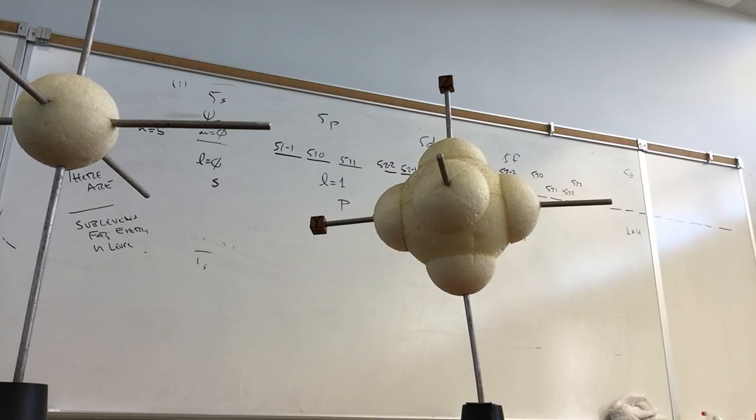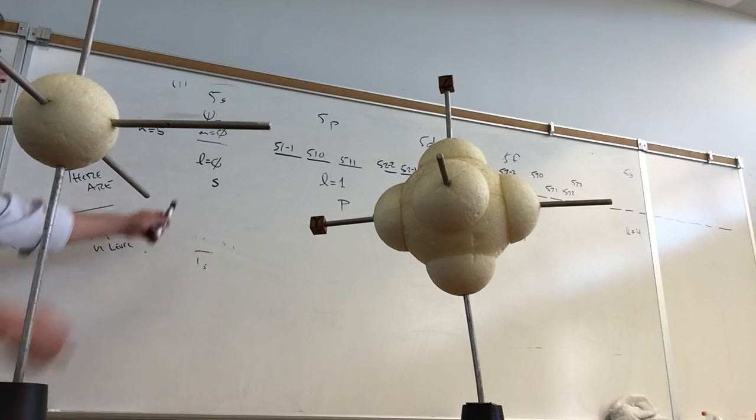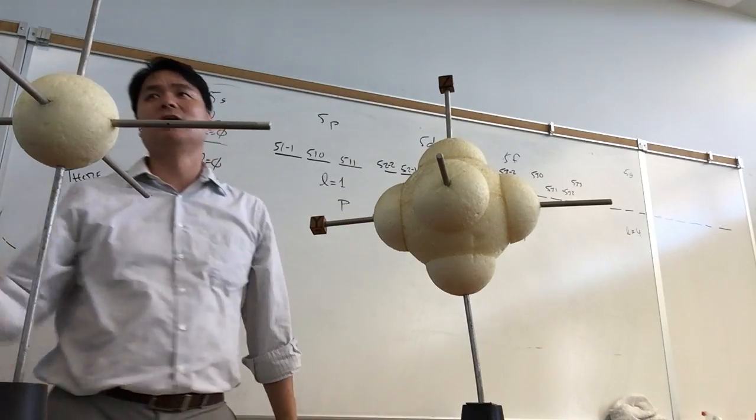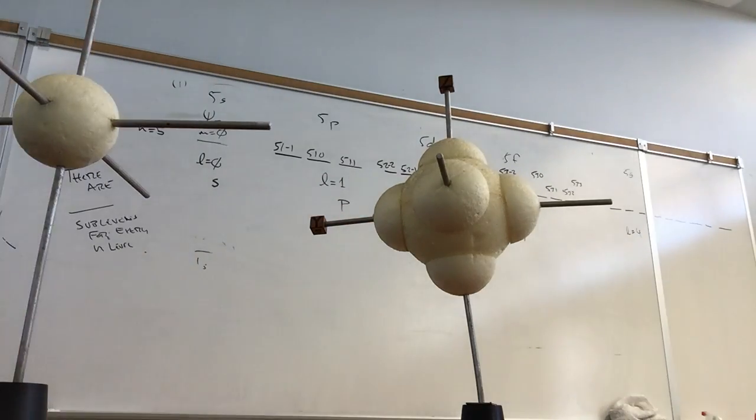A sublevel would be the S sublevel, the P sublevel, the D sublevel. Each of these are separate sublevels for that level. So how many sublevels are there for every level?